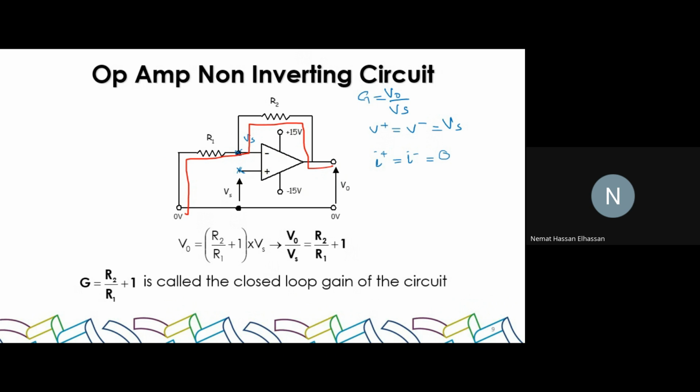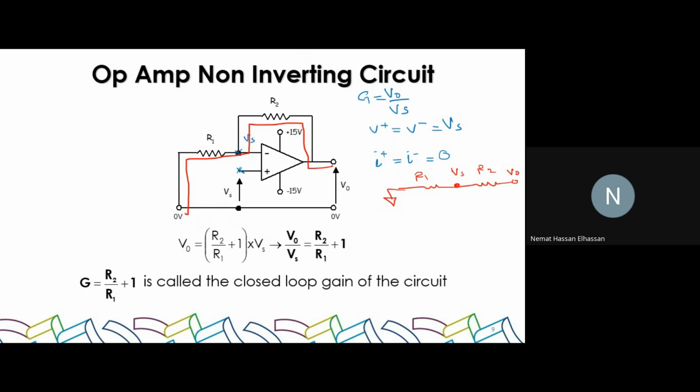Okay, now let's plot it. We are starting with V out. Then I have R2. And then I have a point here where the voltage is equal to Vs, right? And then we have R1, and then we have ground, right?